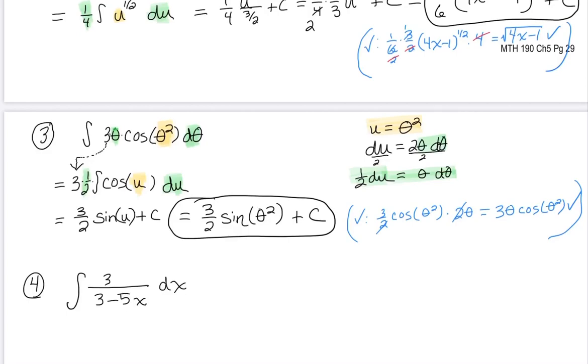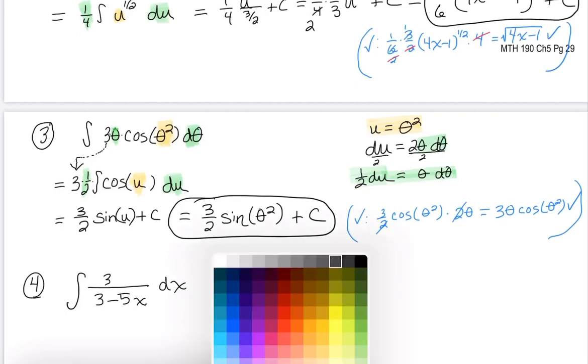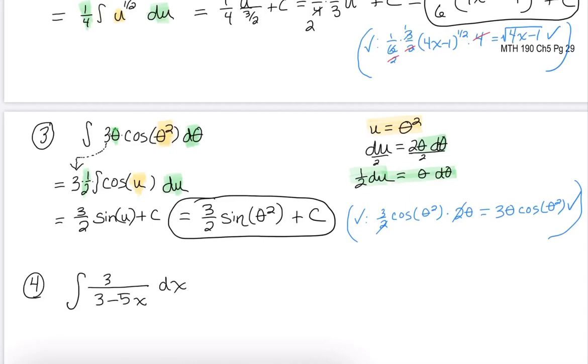But if we were in class and no one had any ideas, I might say, how about if I rewrote it, if I had given you this instead: 3 times the quantity, and I brought that entire denominator up, but then I'd have to raise it to the negative first power. Well, then all of a sudden, the inside part becomes a little more clear.